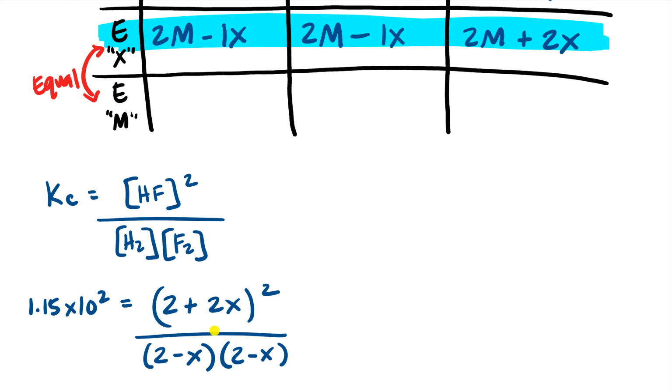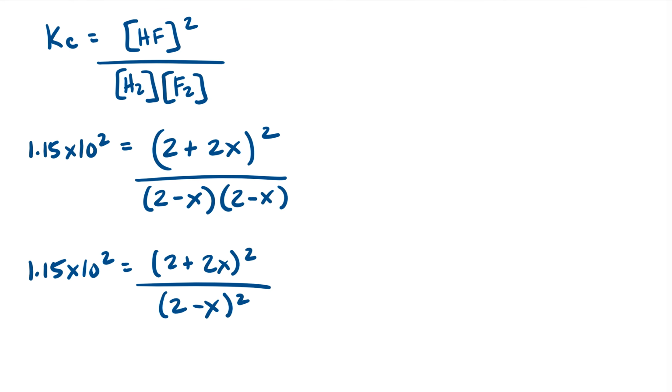Okay, so we subbed in and we get our new equation here, and we notice that we have a perfect square on the top, and then on the bottom I also have a perfect square. That quantity of 2 minus x is going to be a perfect square because I can rewrite it like this. And then to solve for x, because I got those perfect squares on the right hand side of the equation, let's take the square root of both sides.